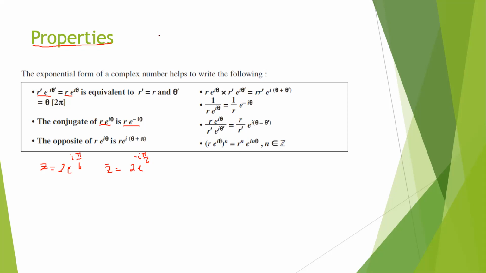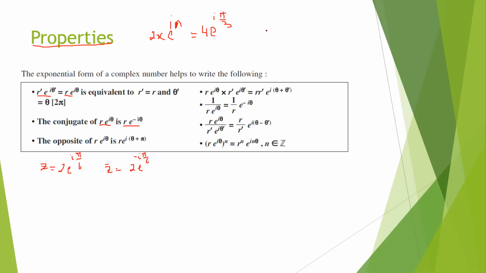For example, if you have 2x e^(I theta) equals 4 e^(I pi over 3), how to determine x and theta? Theta should be equal to pi over 3.